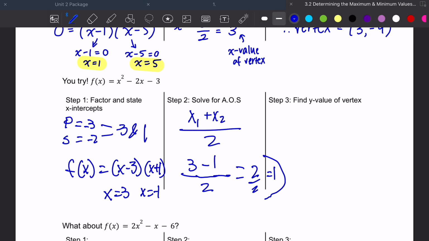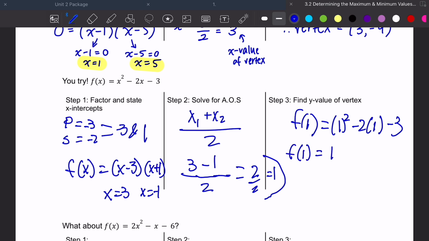Okay, and then last step, we've got the x value, we've got to find the y value. So we sub in 1 for x. Or we can do f at 1. I'll use the original equation. Sure, you can use the original or factors, whatever floats your boat. So 1 squared minus 2 times 1 minus 3. 1 squared is just 1, and then negative 2 times 1, minus 2, and then minus 3.